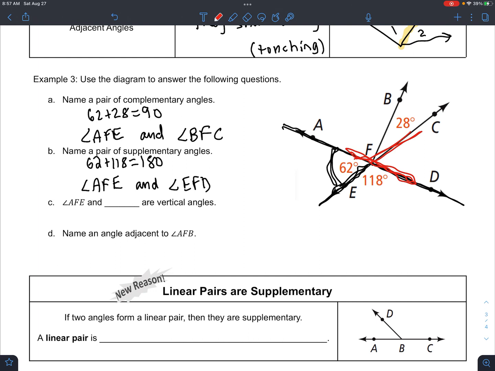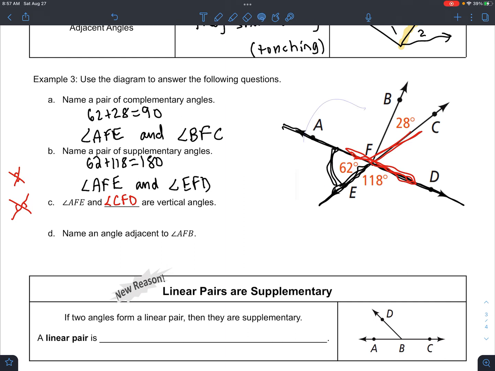Extend those sides of that original angle, and then you can see that angle CFD is the vertical angle because, again, when you think vertical, just think of this picture here or this picture. So you're searching for that angle that's across, not adjacent, it's across.